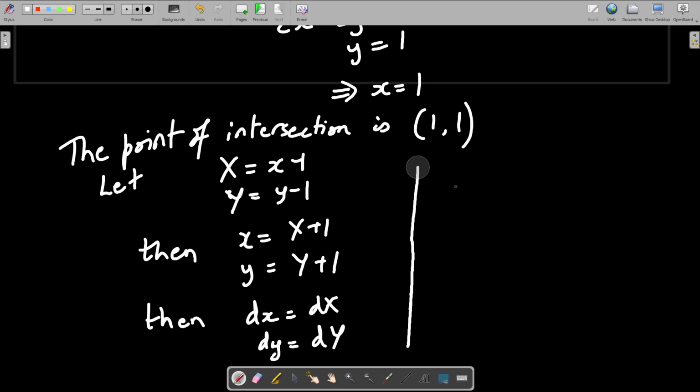So what should be the given differential equation? It will be capital Dy by capital Dx is equal to, oh, I had not written this equation in that form. Dy by dx, I'll take d on that side, with y minus 1 in the denominator.